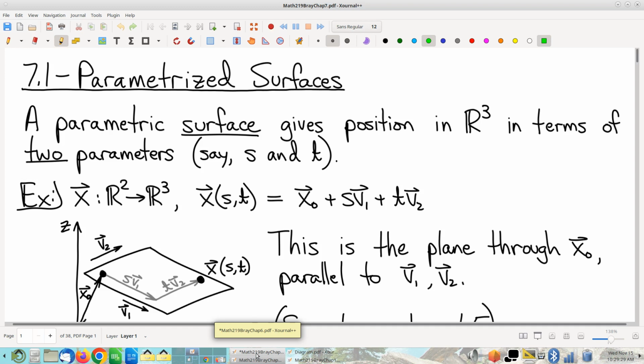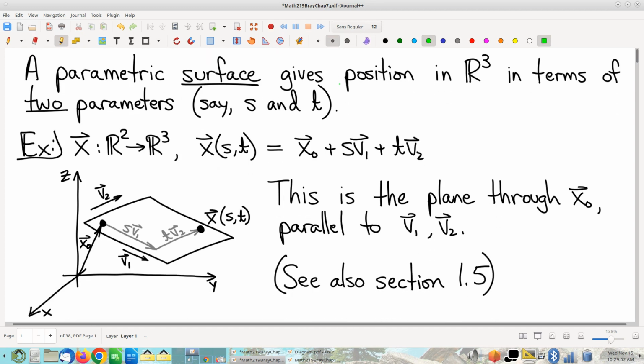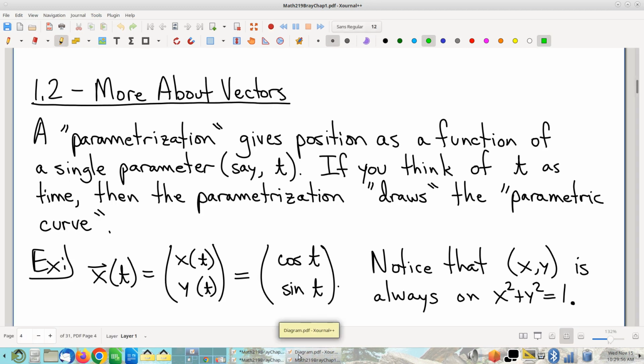There's a kind of integral that is deeply connected to any of these big theorems. And in order to talk about this new kind of integral, we need to talk about how to parameterize surfaces. So thus this first section. Okay, so first of all, what is a parametric surface? I'm going to say it's kind of exactly what you think it is, based on flashing all the way back to the first day of class.